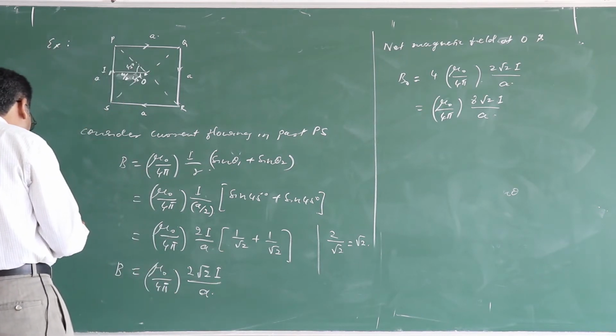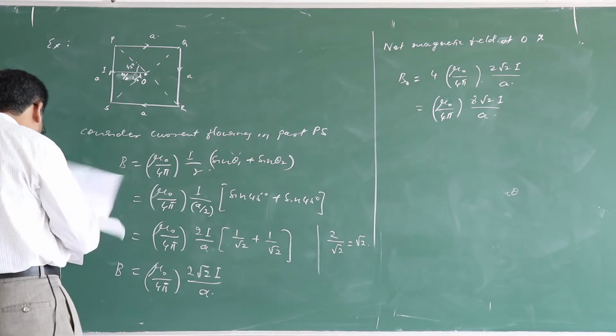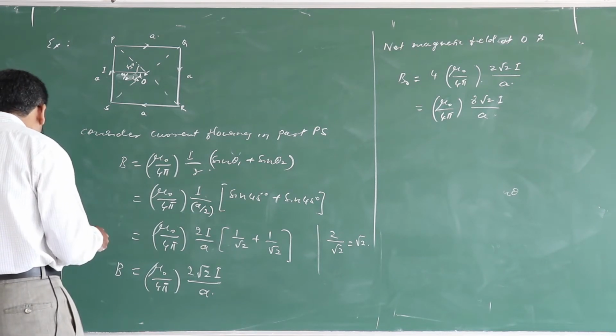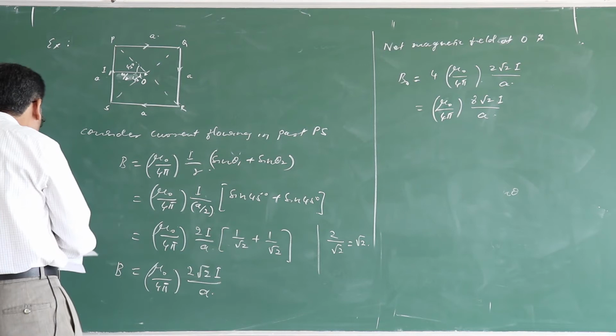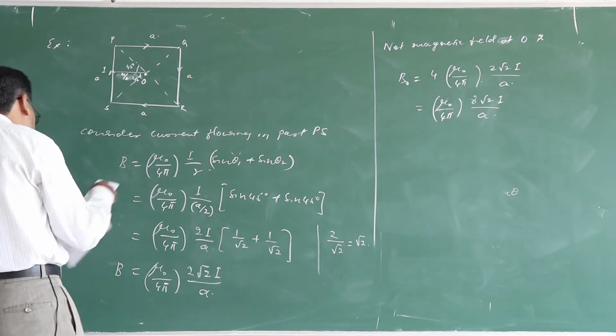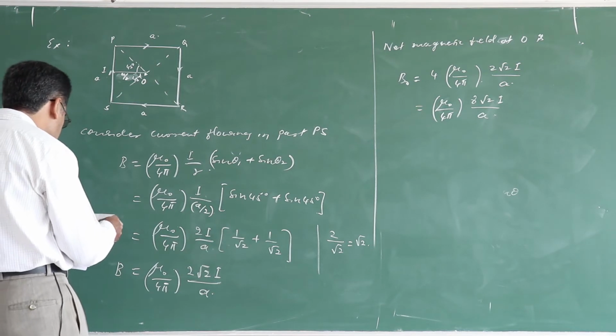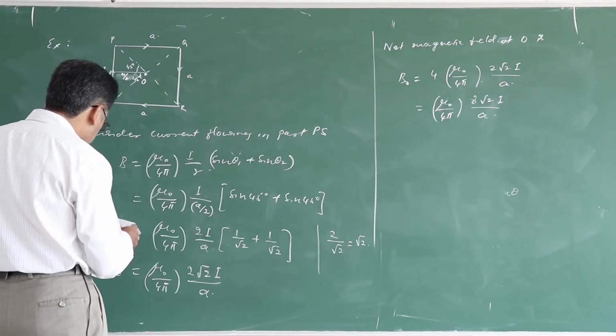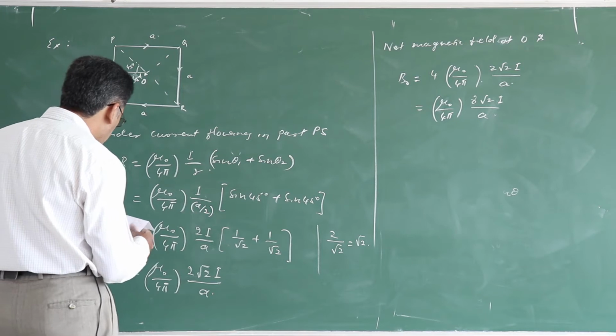Now let me take up another problem related to this. So we have a current carrying wire which is bent in the form of a triangle.